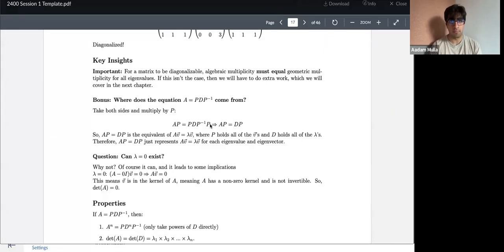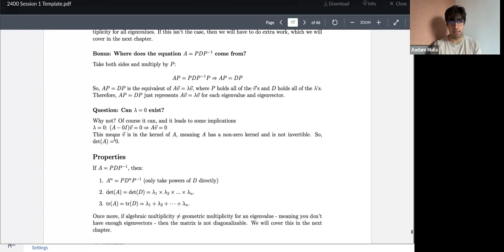And this is the same thing as AV equals lambda V, where instead of lambda, you have your diagonal matrix, which contains all the lambdas. Instead of V, you have your P matrix, which contains all the V's. So it's like doing AV equals lambda V for every eigenvalue and eigenvector all at once. Okay.